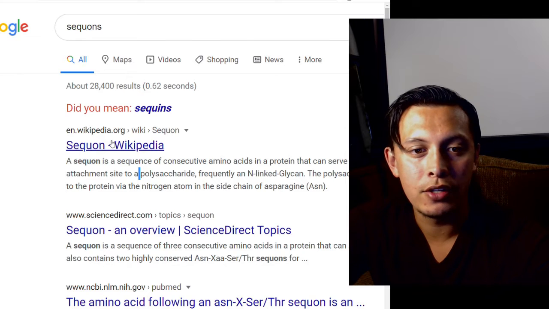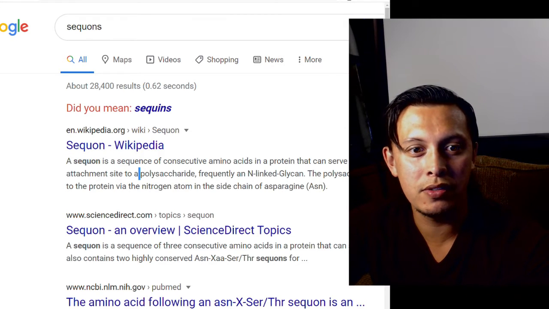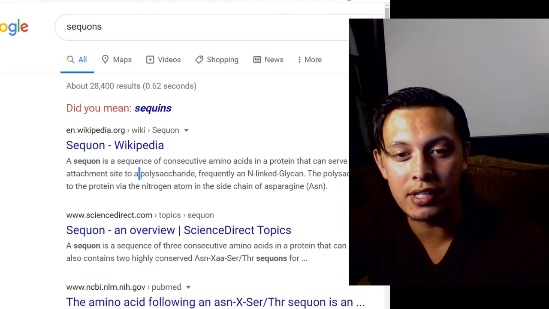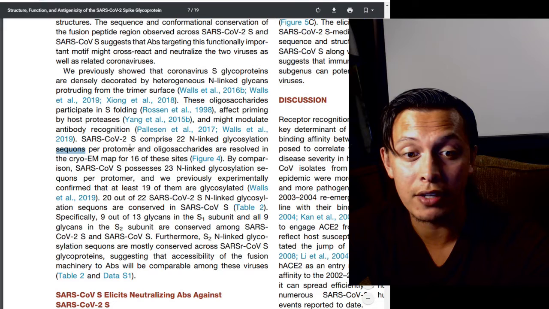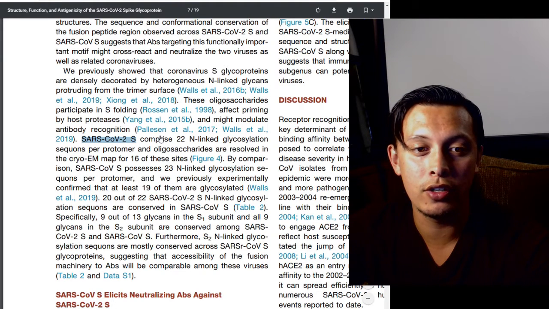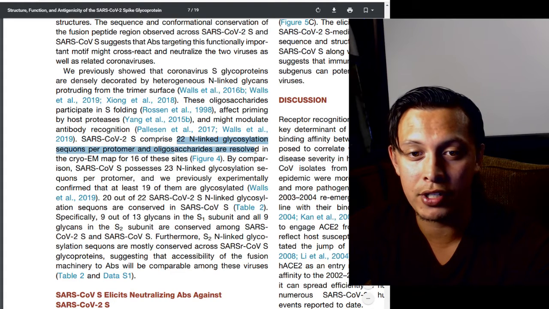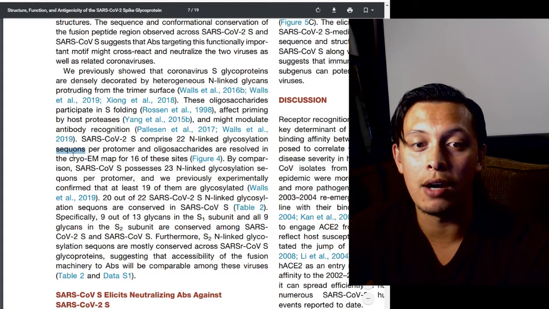Okay, yeah. So a sequon is a sequence of amino acids that can give rise to a glycosylation event. And so what they're saying here is for the SARS-CoV-2 S protein, there are 22 N-link glycosylation sequons per promoter.